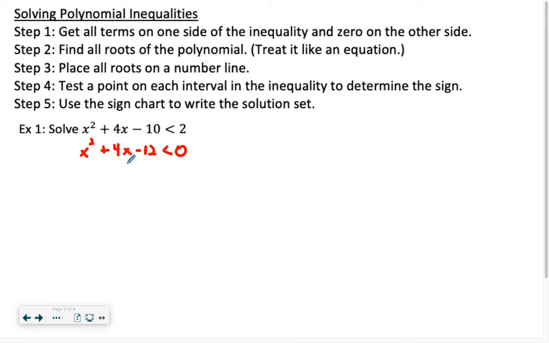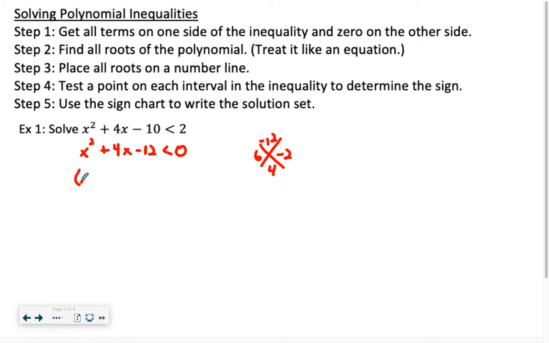So here, this is a quadratic, and I can try to factor this. Sometimes we may have to use the quadratic formula, but I think in this case we'll be able to factor. So I want two numbers that multiply to negative 12 that add to positive 4. I think 6 and negative 2 would do that.